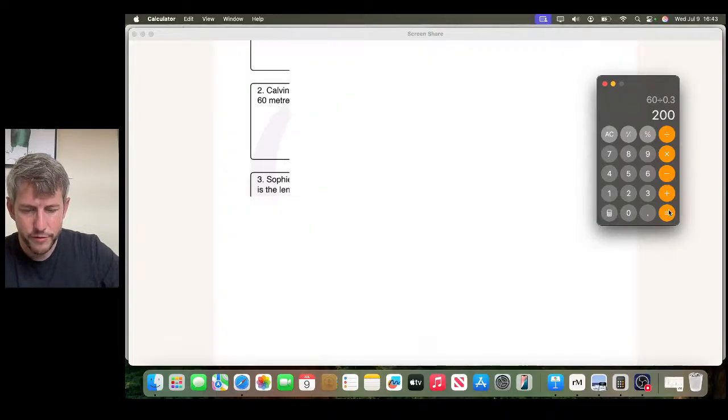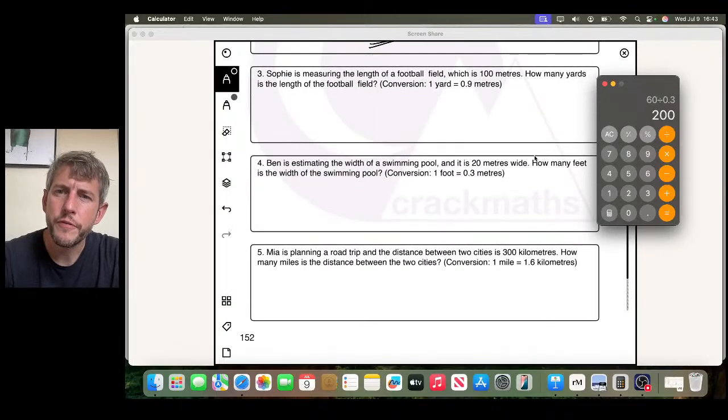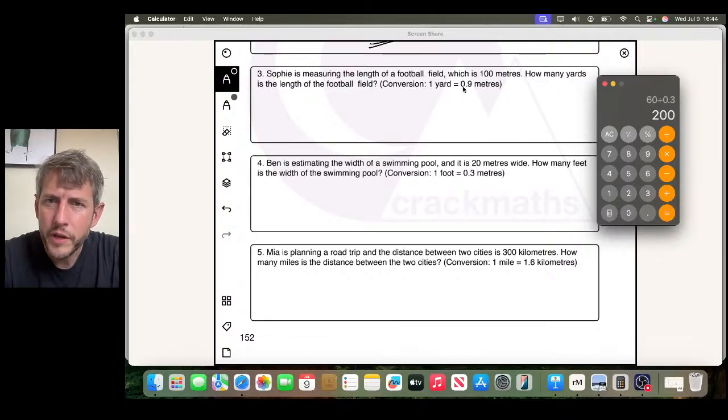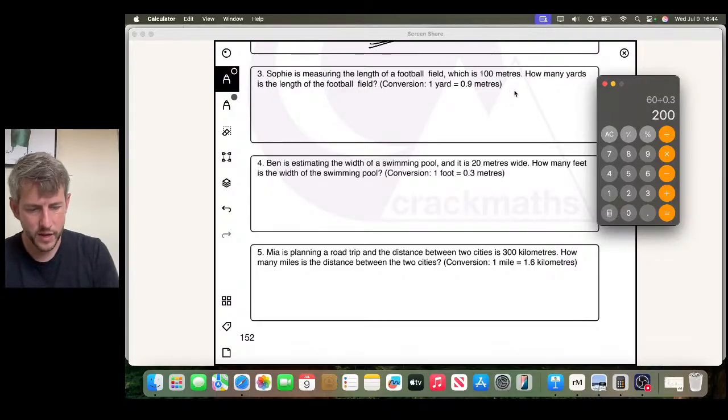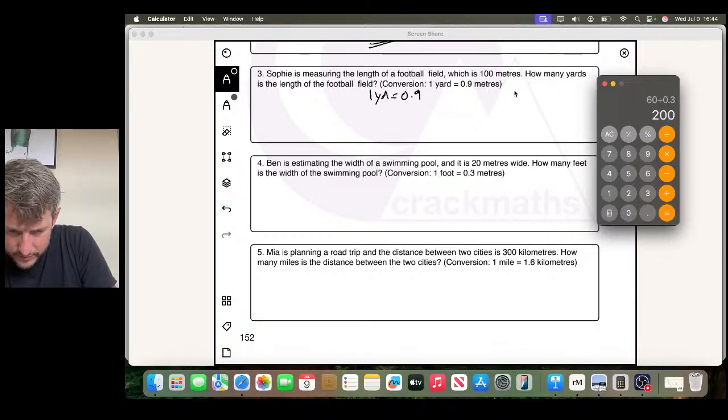Okay, question 3. Sophie is measuring the length of a football field, which is 100 meters. How many yards is the length of the football field? Conversion, 1 yard equals 0.9 meters. We know that we need to get up to 100 meters.